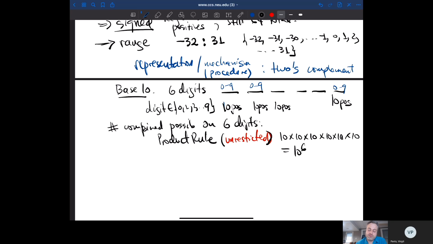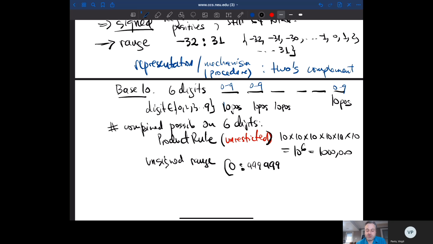That is 10 to the 6, a million. The unsigned range, where I don't worry about the sign, is going to be from 0 up to 999,999.